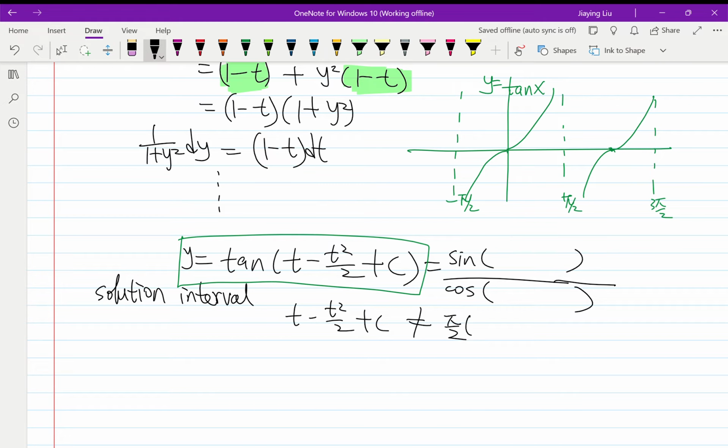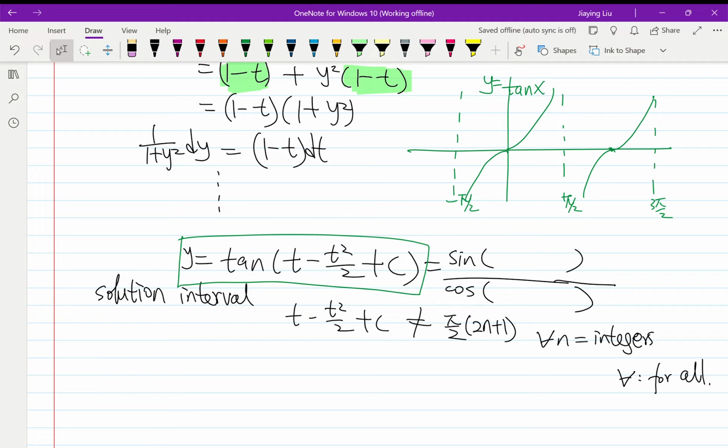I'm just going to say pi over 2 times 2n plus 1 for all n equals integers. This upside down A means for all, if you haven't seen it before.